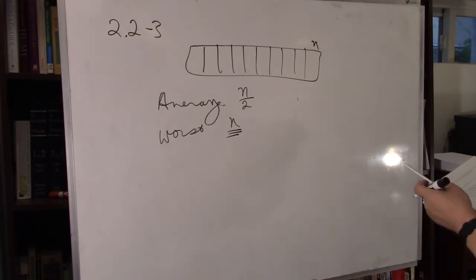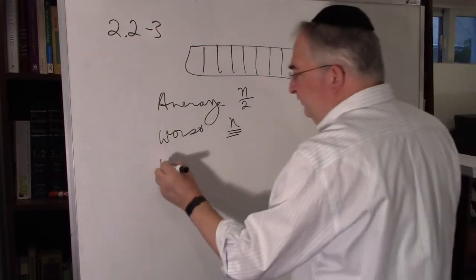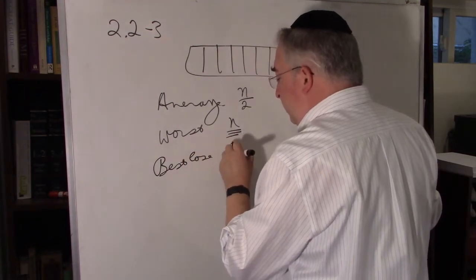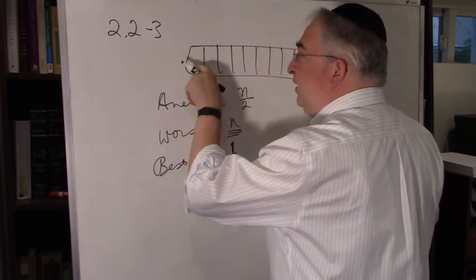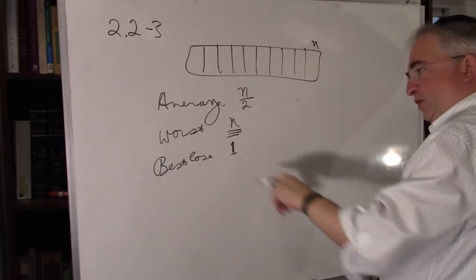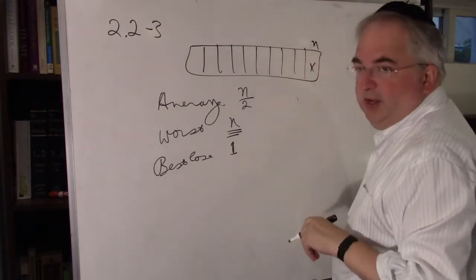What are the average case and worst case running time of linear search in theta notation? By the way, what's the best case? 1, if you find it right over there. By the way, the worst case can happen in 2 ways. One, the thing you're looking for is right at the end.